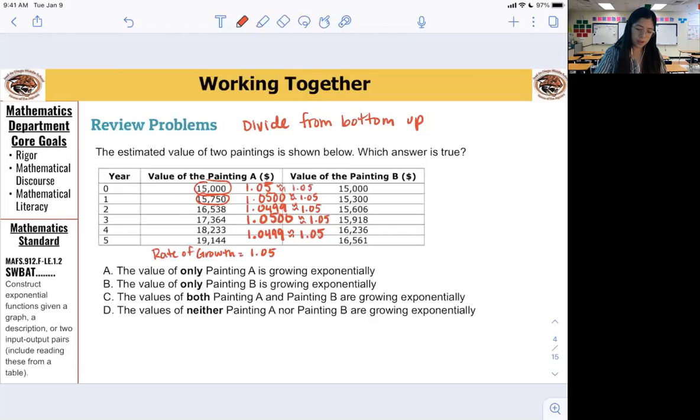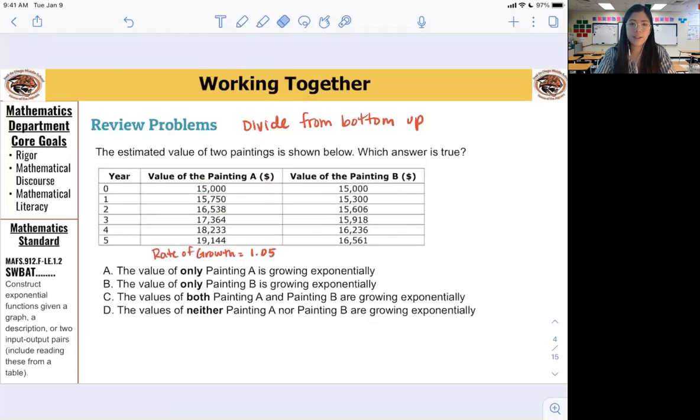Okay. Any questions on how I got that number, how I did all that? Okay, so I know that painting A is exponential. Now I want you guys to try the same thing with painting B. So go ahead and take about 2 minutes and do exactly what we just did. Divide and write down the answer you get each time. Don't try to keep that in your head. Write it down.